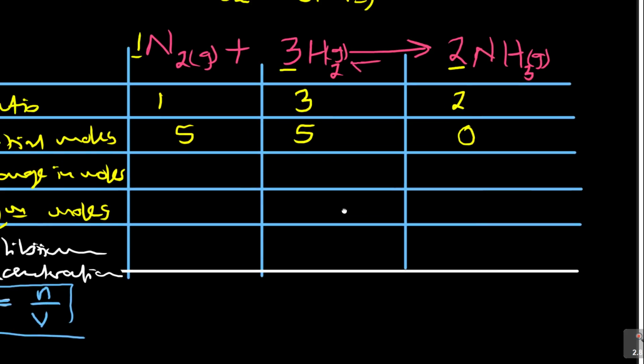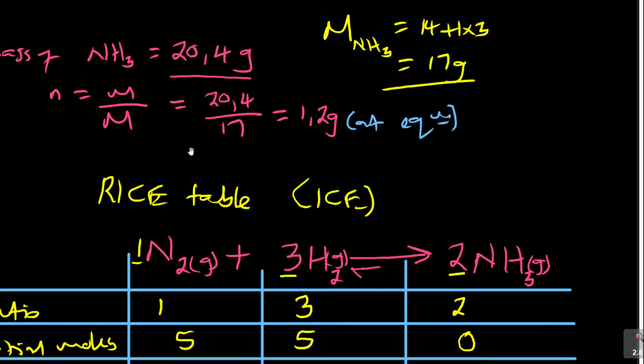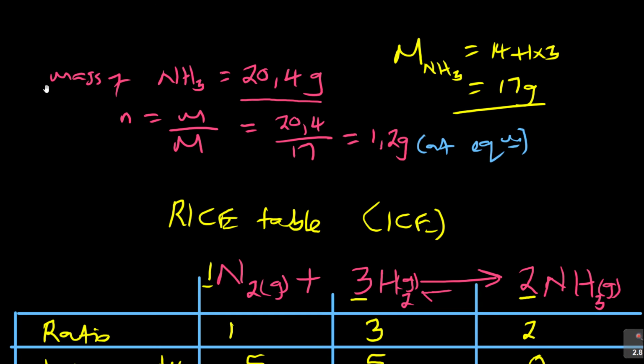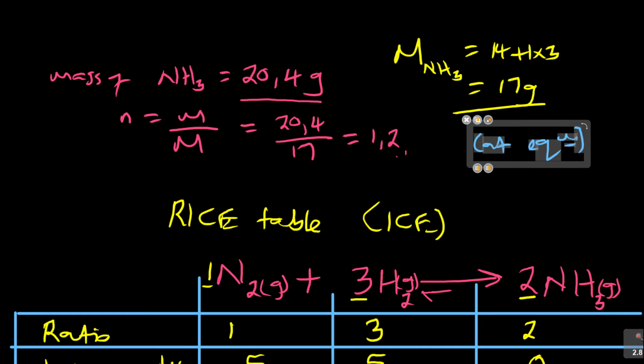So that is it. Now at equilibrium the amount of ammonia was 1.2. Why am I saying grams? It's 1.2 moles, not grams. So I need just to take this away here. It's 1.2 moles because I'm calculating the n for moles.